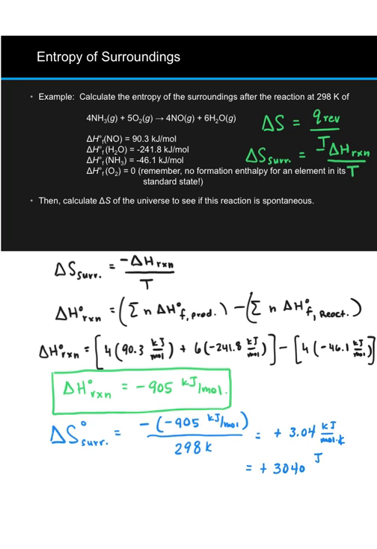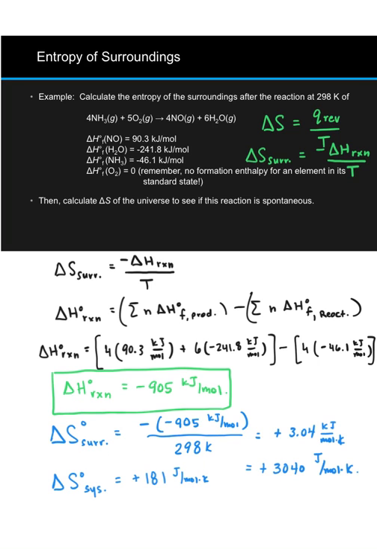Multiply by 1,000, 3,040 joules per mole K. Earlier, we'd calculated that the change in entropy under standard conditions for the system, our reaction, was positive 181 joules per mole Kelvin. So sure enough, it looks like both the change in entropy for our system, the reaction itself, and the surroundings of that reaction are both positive.